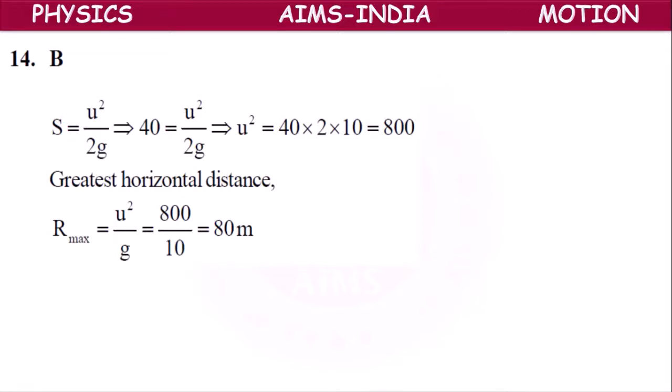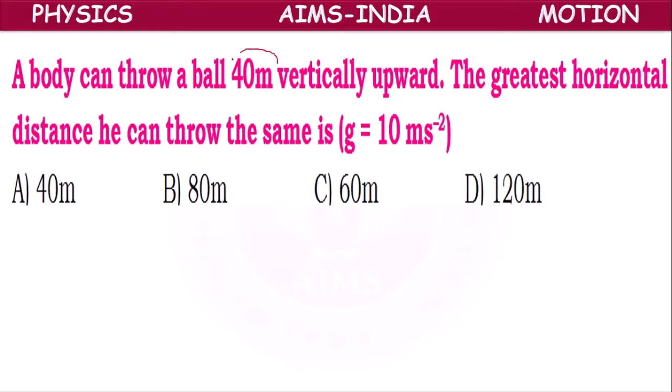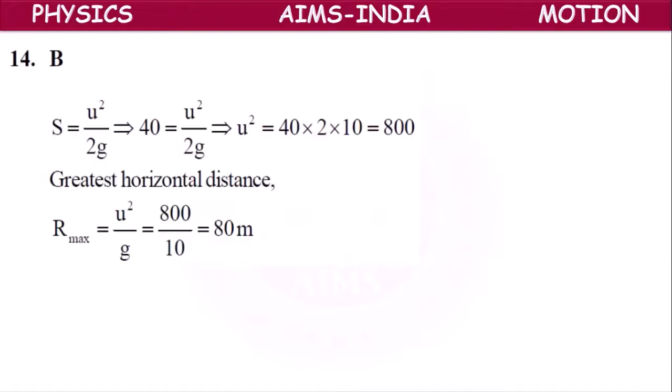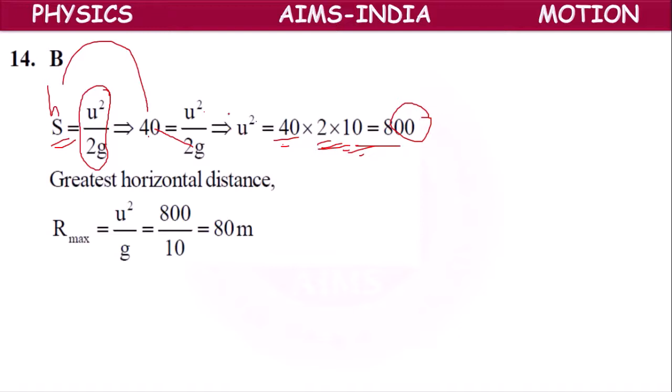So it can reach a maximum height of 40 meter, whose formula is H equals u square by 2g. Maximum height value is 40 equals u square by 2g, or u square equals 40 into 2 into 10, which is equal to 800. We got this u square value.